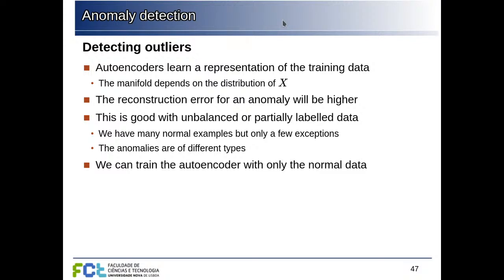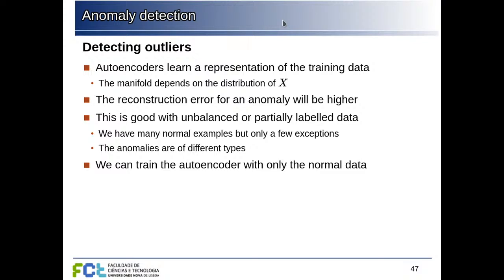Suppose that you have a data set where most of the events or the examples are normal. For instance, you can have the activity log on some server, and most of the connections to the server are perfectly normal things. And you can take all of those examples that you know don't have anything strange and train the autoencoder with that.